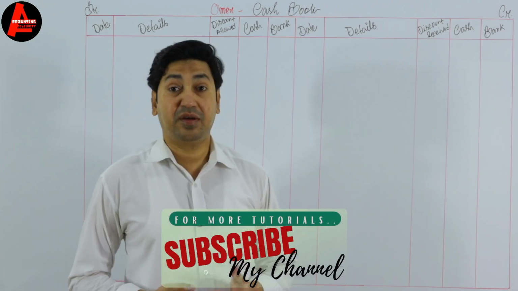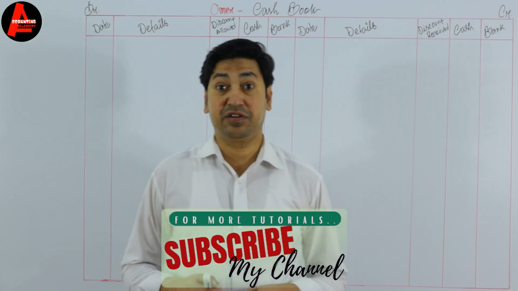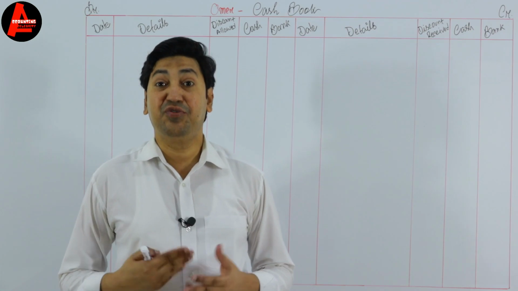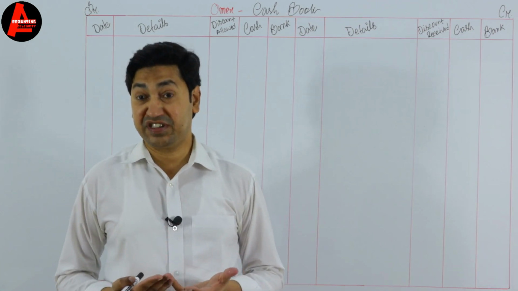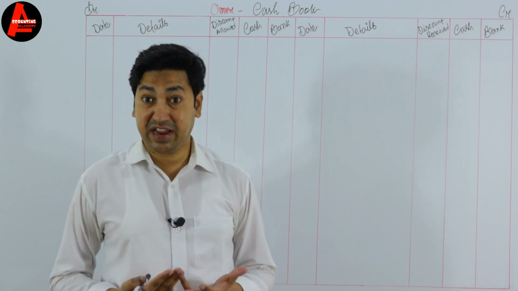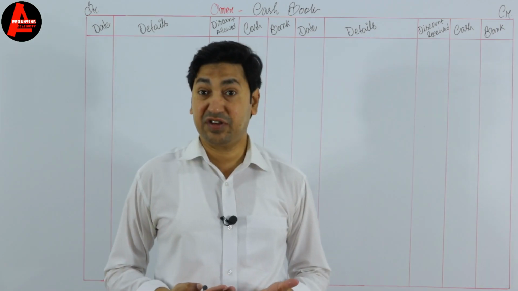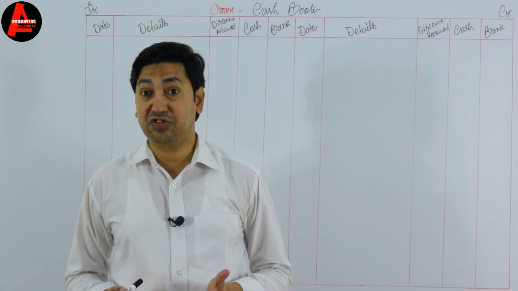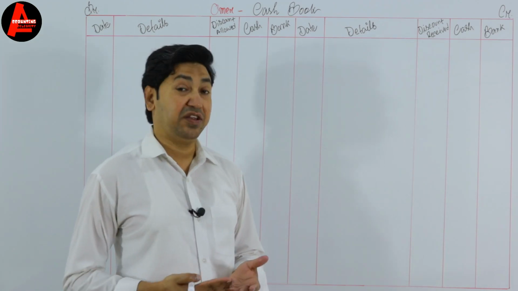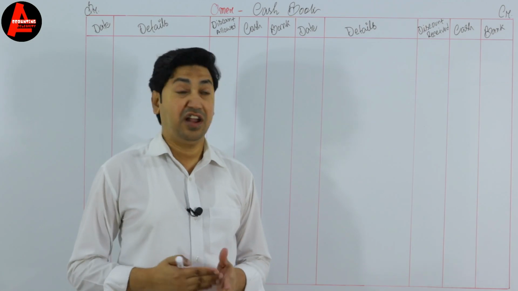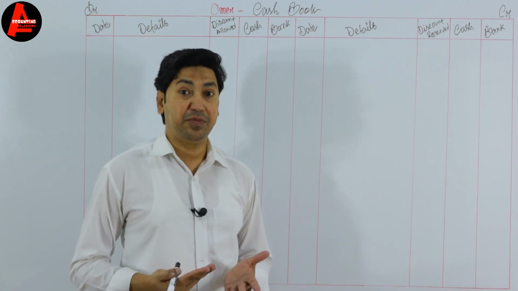What types of transactions are not related but you may sometimes see on the question paper? For example, credit purchases, credit sales, depreciation, and returns related transactions. These are not relevant to the cash book but you may still have them there. I'll show you when we prepare this cash book.